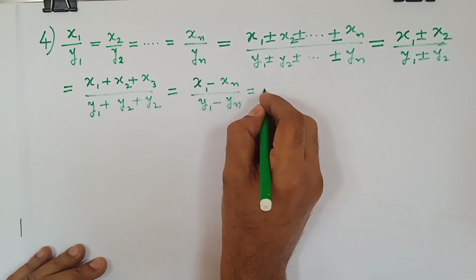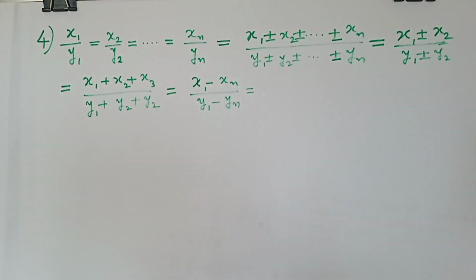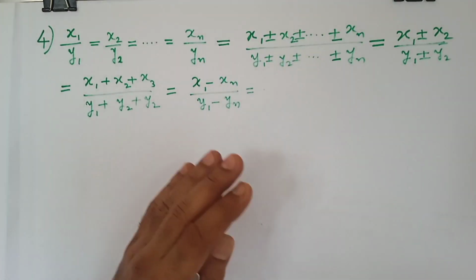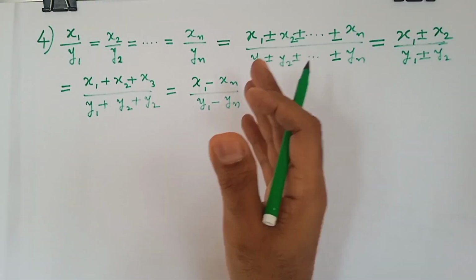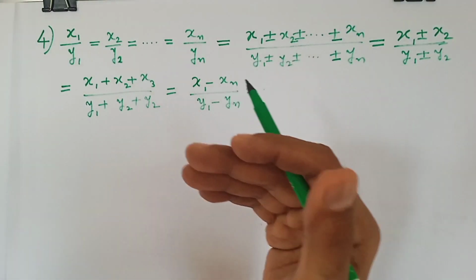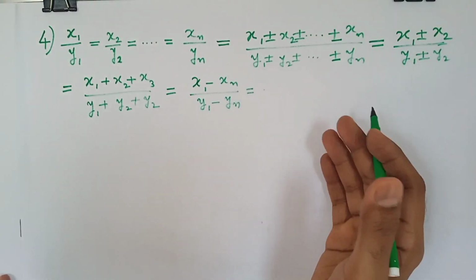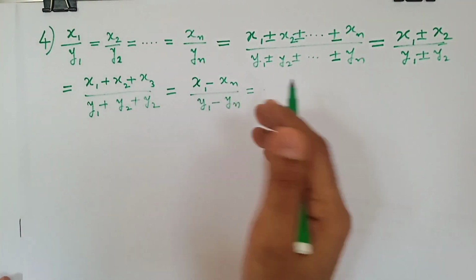Like that you can form many combinations and they all will be equal to this. Now, this may look a bit complicated when you look at the variables. I'll use some numerical numbers to help you understand this result better.